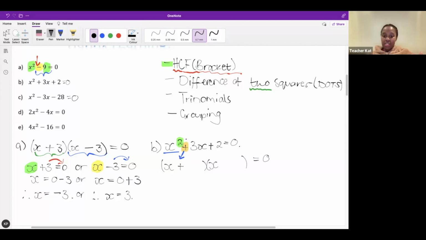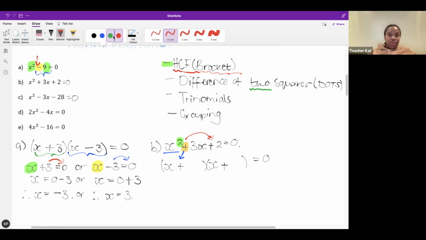If the first symbol is a negative, you put a negative in the bracket. Okay, now, does that plus mean I'm going to keep or change my second symbol? It means keep. So then my second bracket will have which symbol? If I am keeping, then my second bracket will have also a positive. Nice, guys.